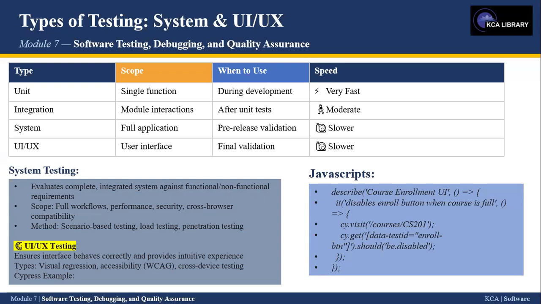Types include visual regression, accessibility, and cross-device. System tests verify the whole works, while UI tests ensure real users can actually use it.